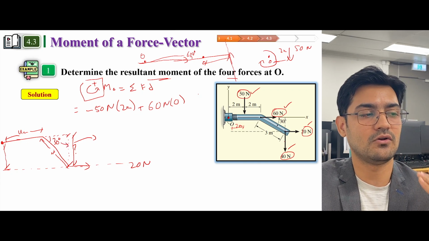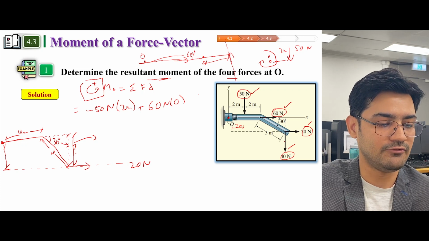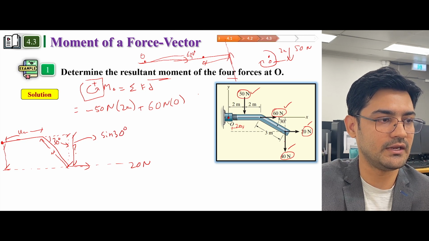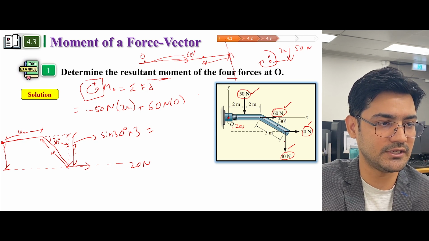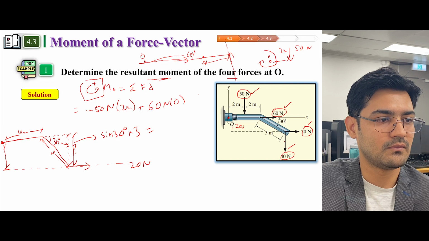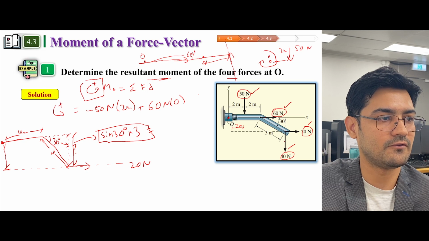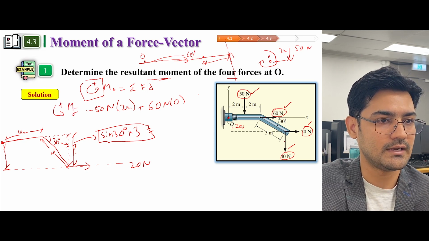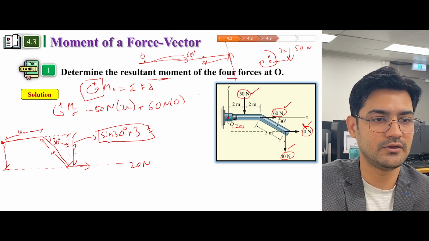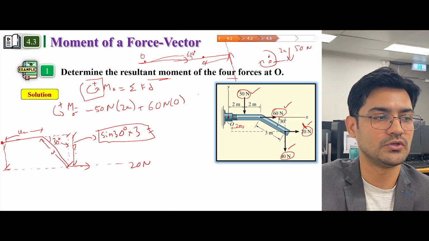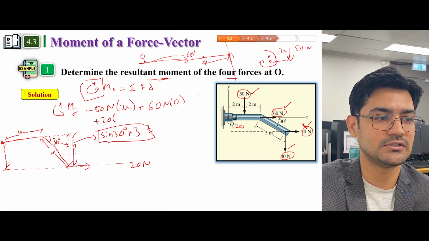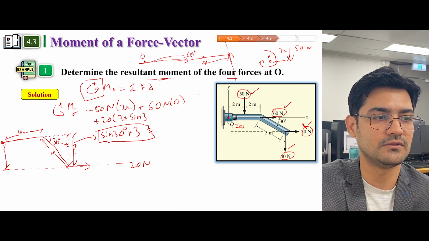So this distance can be found because this is 30 degrees. In order to find the side opposite to 30 degrees, we can use sine of 30 degrees multiplied by 3. So this would give us this distance. Now I can continue adding in this equation, which is the summation of moment at O equal to, now let us add the 20 Newton force. The 20 Newton force is going to apply an anti-clockwise moment on O. So it's positive 20, and the distance is 3 multiplied by sine of 30 degrees.